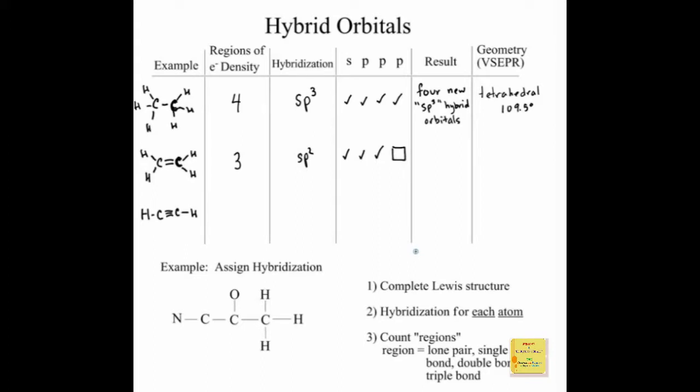And we'll see that in just a bit. So what's the result of this hybridization? Well, we took 3 atomic orbitals and mixed them, so we're now going to get 3 new hybrid orbitals. They're called sp2 hybrid orbitals.